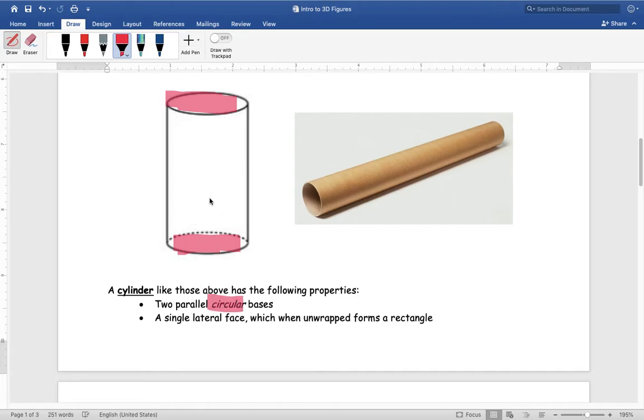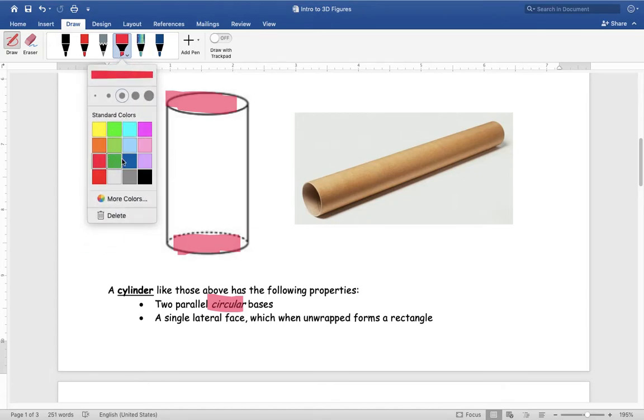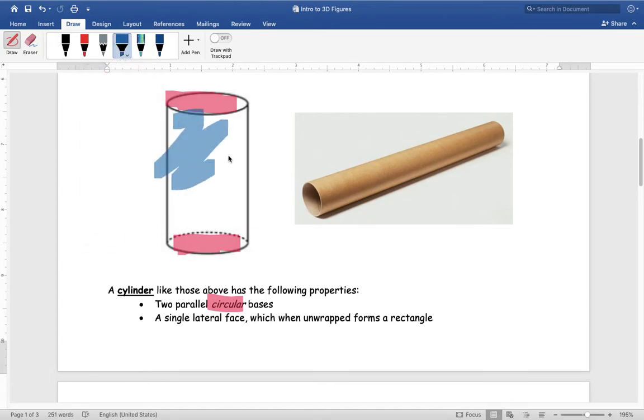They're parallel to one another, though. Those two circles will never meet. They are level with one another. Think of, again, the top and the bottom of a can. And then you have a single lateral face, which when unwrapped forms a rectangle. And the best way that I can consider to explain to you guys how it is that the only remaining side of this cylinder is a rectangle, it might look like it in here, but what about in the real world?